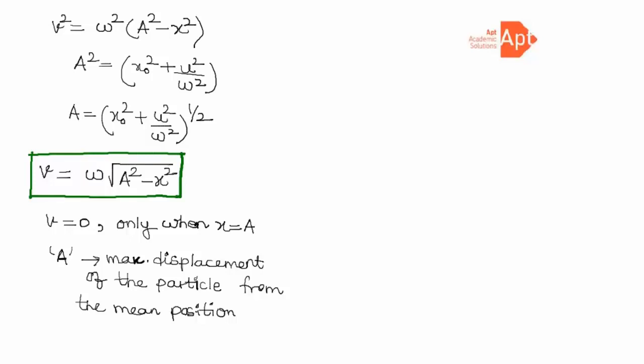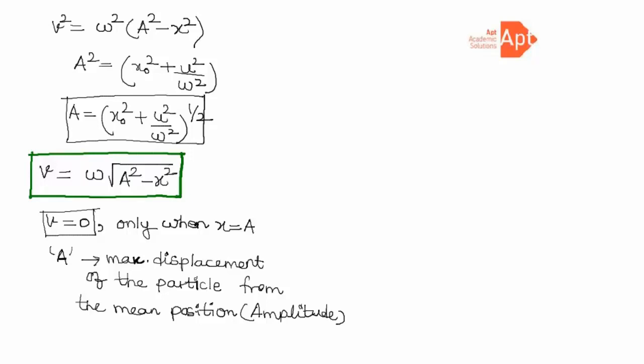We call this the amplitude, because we know that only when the displacement is maximum does the velocity of the particle performing SHM become 0. So remember this expression as well: the amplitude is given as the root of x naught square plus u square upon omega square. This is one of the most important expressions. Please remember it.